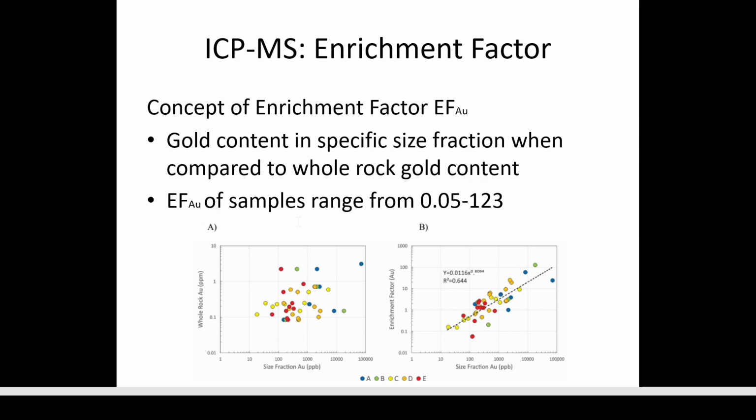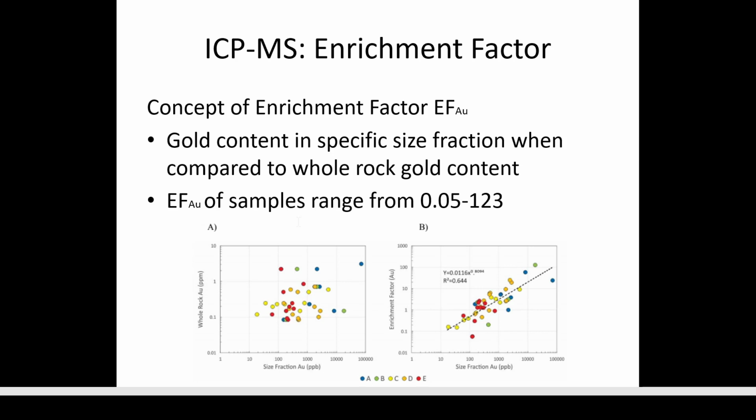When we looked at the specific size fraction of gold, so the amount of gold within size fraction A, B, C, or the size fraction in the different colloidal ions, we can compare it versus the amount of gold found in the whole rock fraction. That's when we had all of the fractions still together in one whole rock. Therefore, we can find a relationship between our whole rock gold content and our specific size fraction.